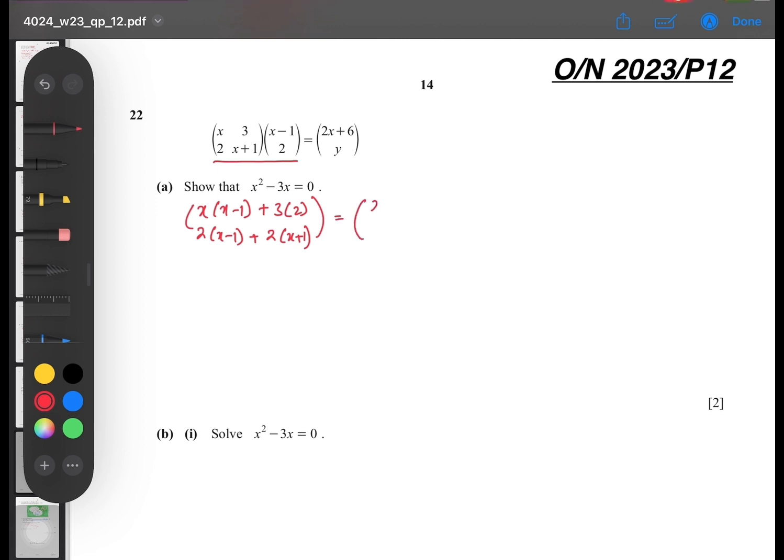It is equal to 2x plus 6, y. So I will expand it and simplify it. x squared minus x plus 6, and this will be 2x minus 2 plus 2x plus 1 is equal to 2x plus 6, and the second entry is y.